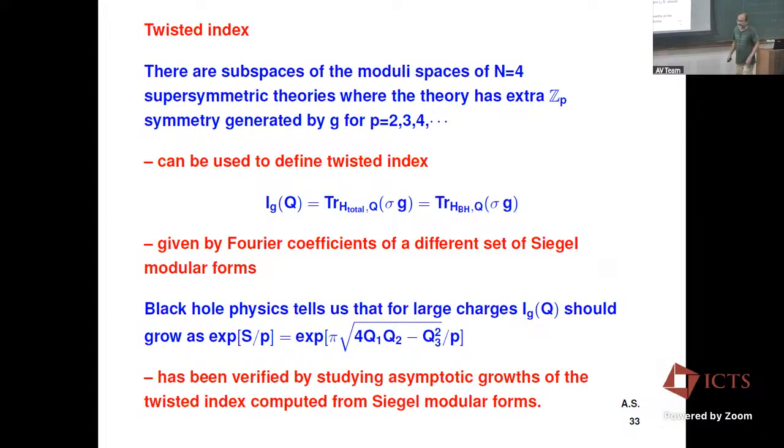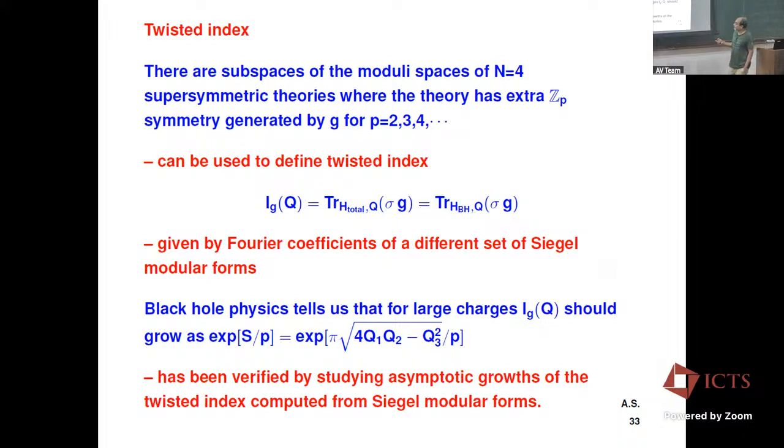The last thing I'll say is something slightly different, which is called the twisted index. There are subspaces of the moduli space of N equal to 4 supersymmetric theories, where the theory develops an extra Z_P symmetry. And P can be 2, 3, 4, etc. There are various examples known.